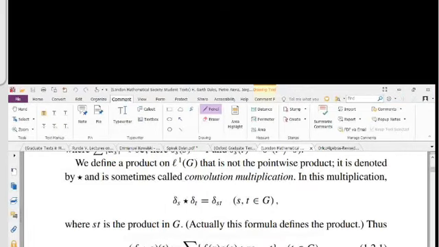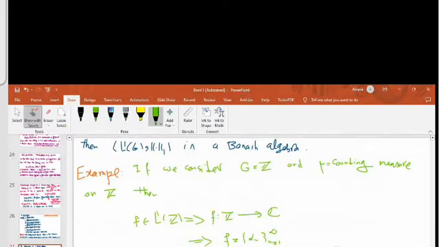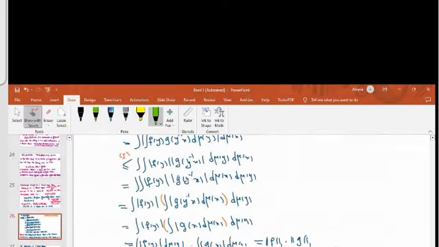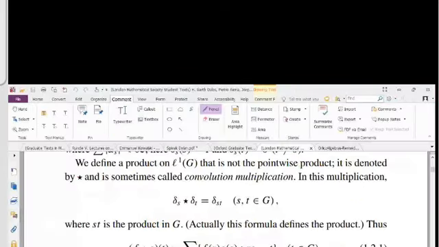And this is the particular case of convolution product. So by this main example, we can conclude several examples that we see in our book: L1 of G, L1 and other examples.